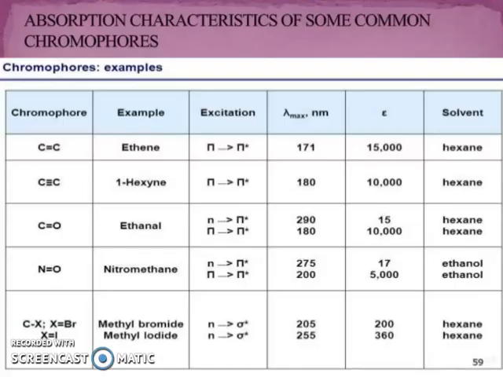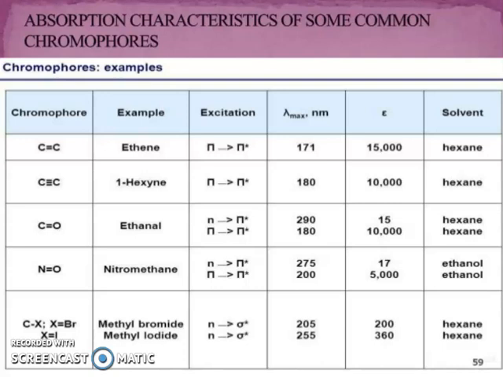So, absorption characteristics of some common chromophores. Carbon-carbon double bond, example ethene, excitation pi to pi star, lambda max 171, epsilon 15,000 and solvent hexane. Carbon-carbon triple bond chromophore, example 1-hexyne, pi to pi star, 118 nanometers, 10,000 and solvent hexane.